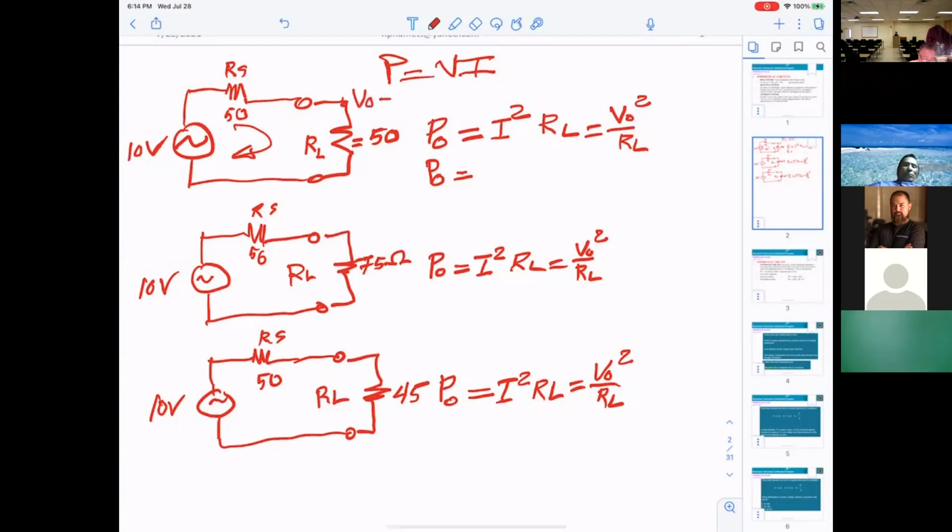Voltage divider. With 50 ohm and 50 ohm resistors, it's half and half. Right. So 5 squared, right? And RL is 50, so it's 0.5. So what do you get for P out? Is it 25 watts or what? 0.5 watts. Yeah.